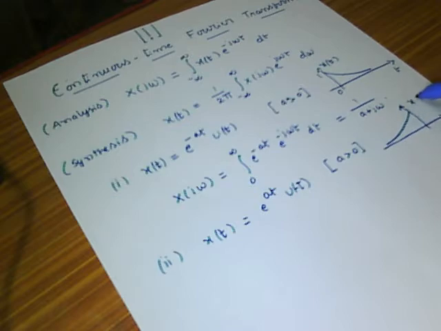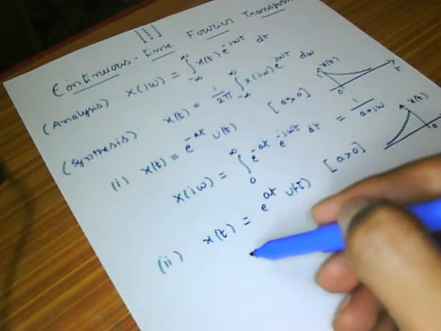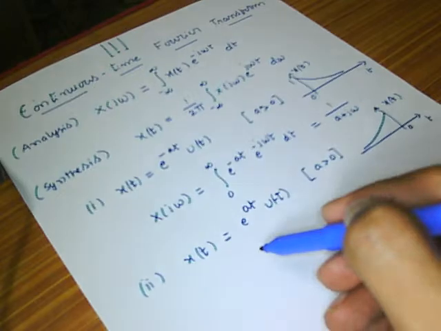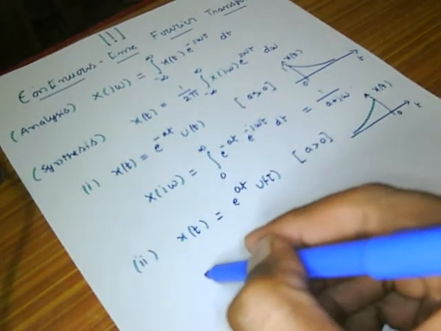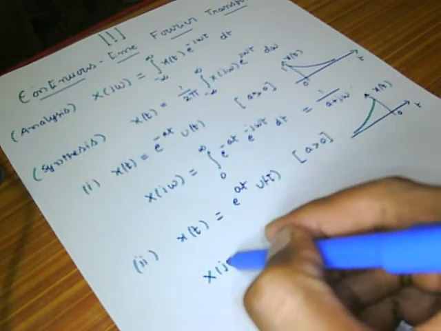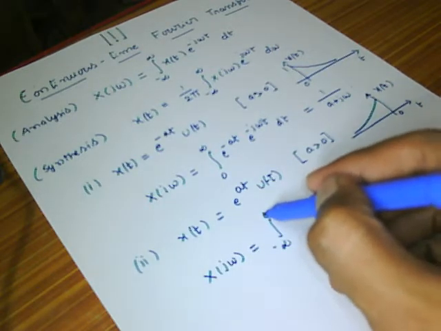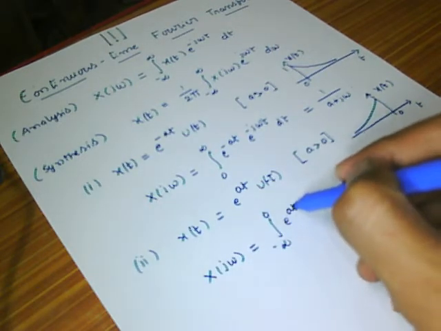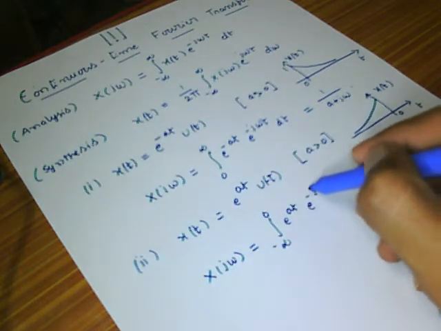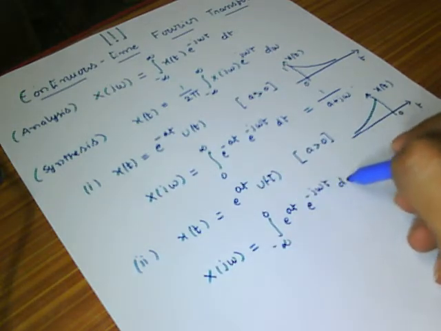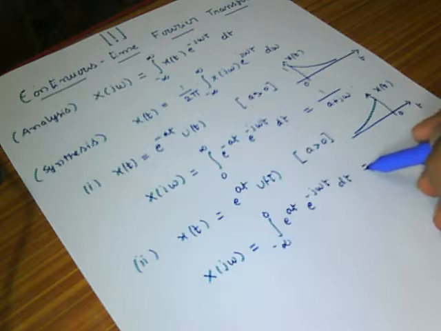This signal is non-zero from minus infinity to 0, and hence in the corresponding Fourier transform the integral limits will be from minus infinity to 0 of e power at into e power minus j omega t dt. This again easily simplifies to 1 by a minus j omega.